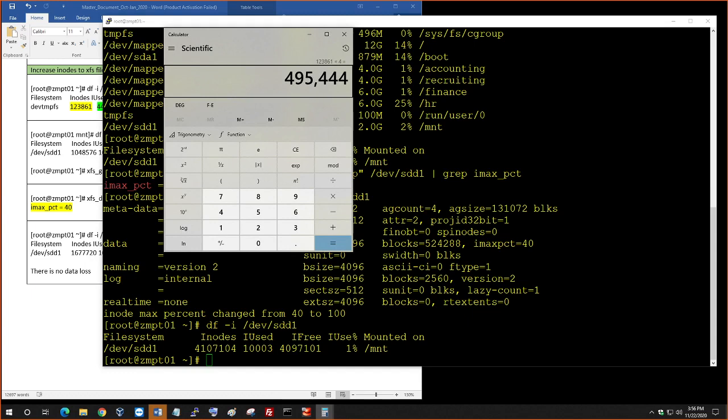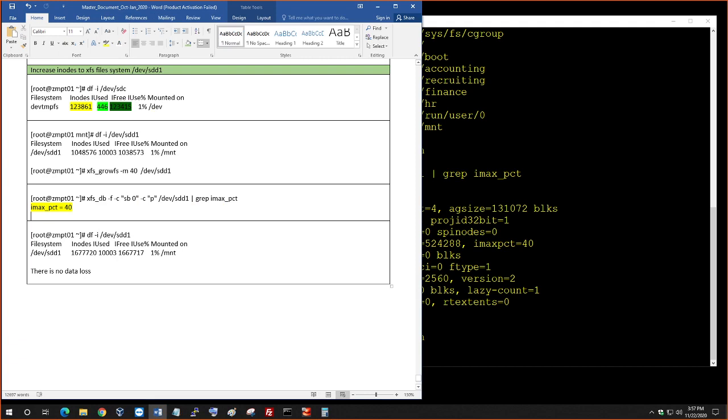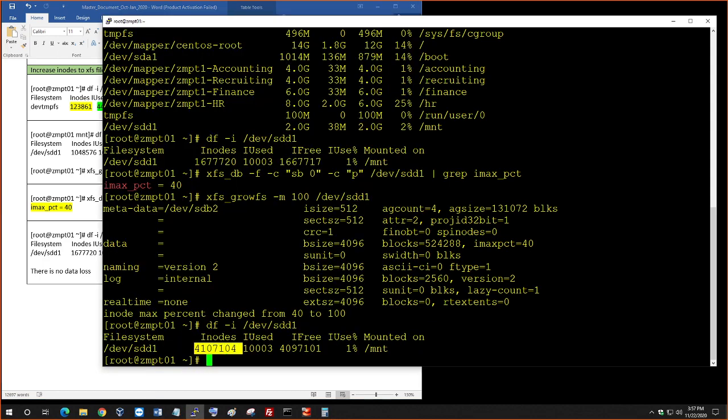So I calculated based on what I had here using simple math, 195,000, but the system is saying 110,000 maximum. I'm sorry, 410,000. 4 million actually. It went from a million to a million and a half, and the maximum is no more than 4 million.